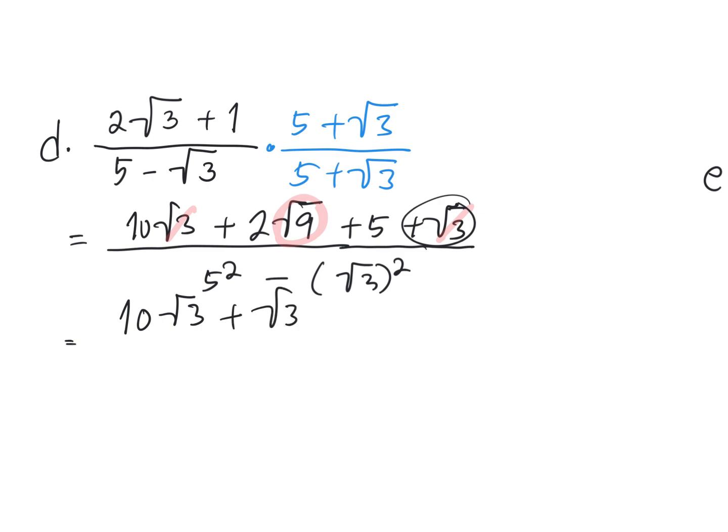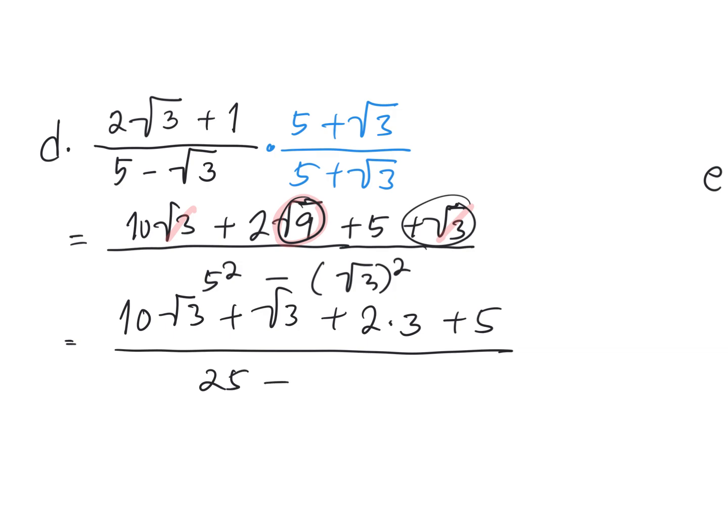Then we simplify this one: that's plus 2 times 3, since the square root of 9 is 3, plus 5. So over 25 minus 3, since the two cancel together, it's going to give you only 3.